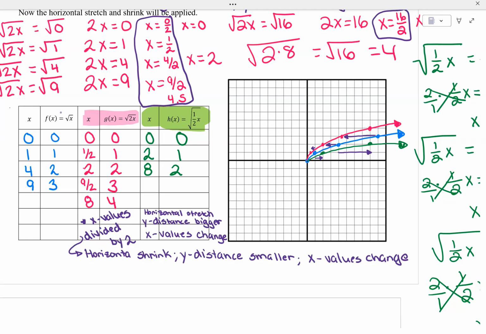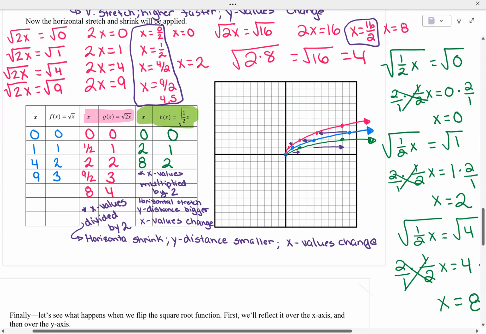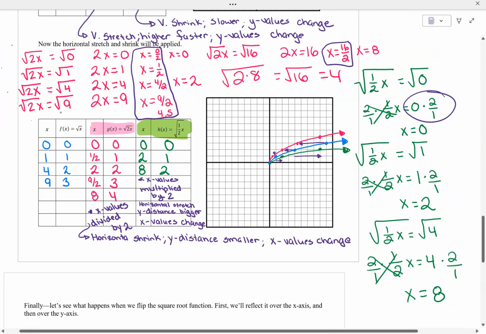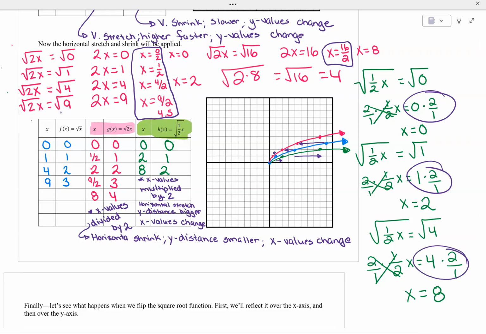Okay, so what happens here is the x values were multiplied by 2. Okay, so if you come over at all this math, I had to multiply by 2 every single time. So when you're dealing with horizontal, I want you to see what happened.